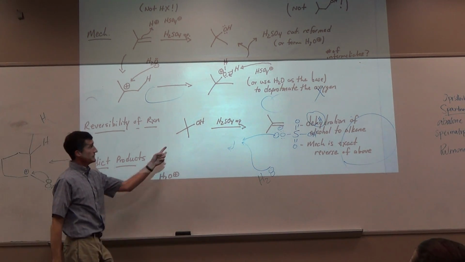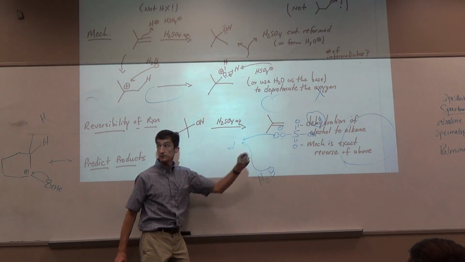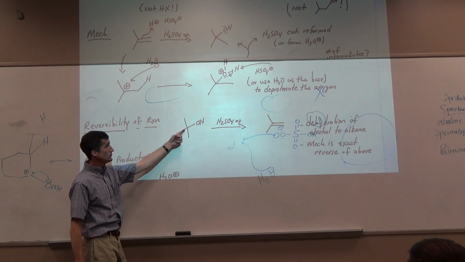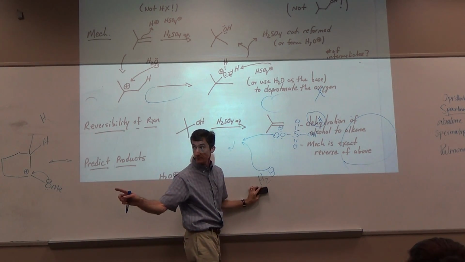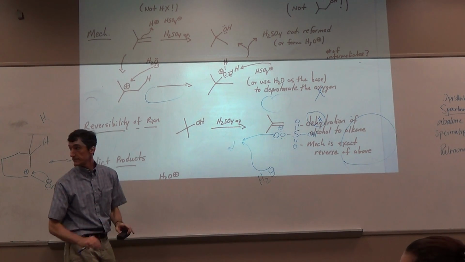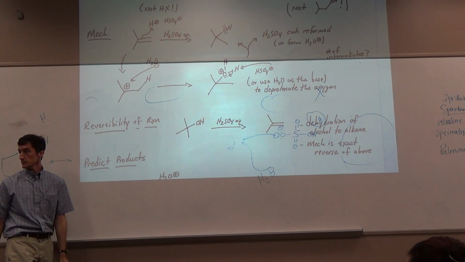The reverse would be to dehydrate the alcohol to the alkene. You have to remove water to make the alkene. Question? Are all hydration of alkene reactions reversible? Yeah, hydration of alkene is reversible.